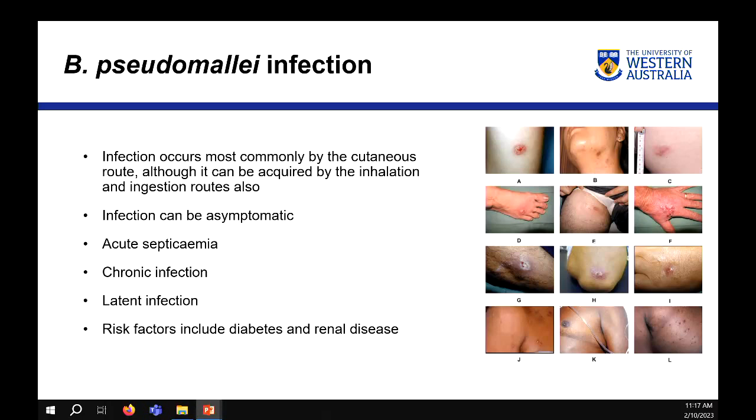So it can hide away effectively. We don't know where it hides away. Some diseases like brucellosis, they know that the bacteria hides away in the tailbone of the mice, but we haven't discovered where Burke does that. So it can cause this latent infection. Risk factors include diabetes and renal disease. And this is all just showing you cutaneous melioidosis in the skin.